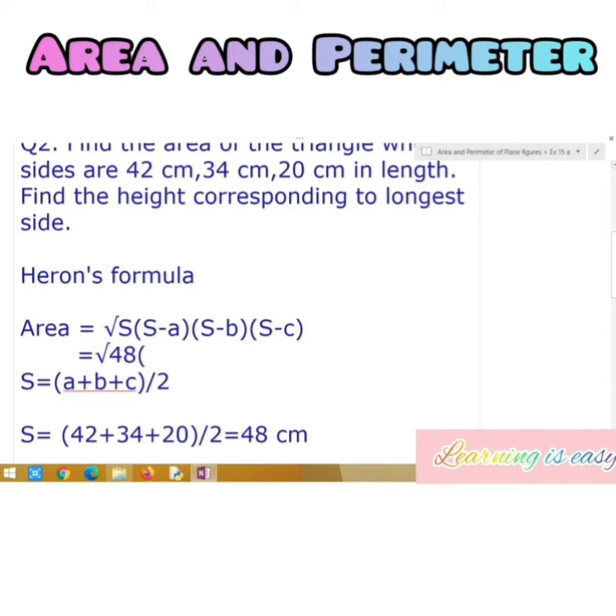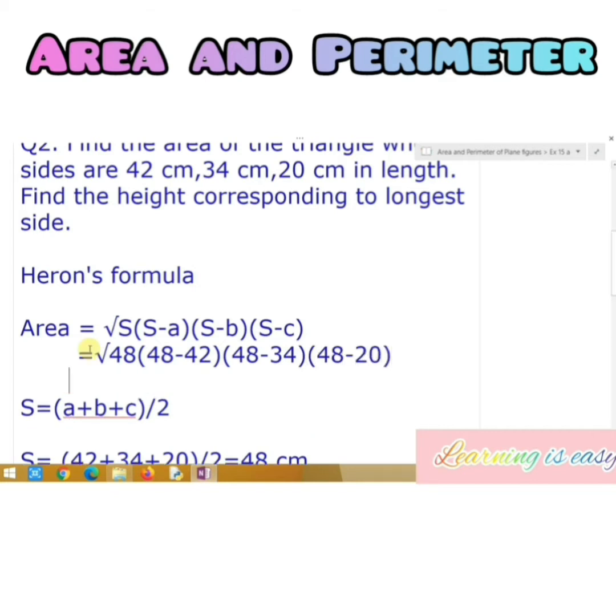Applying Heron's formula for area, it's square root of 48 into 48 minus 42 into 48 minus 34 into 48 minus 20.